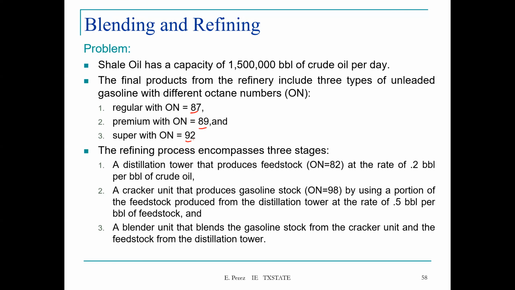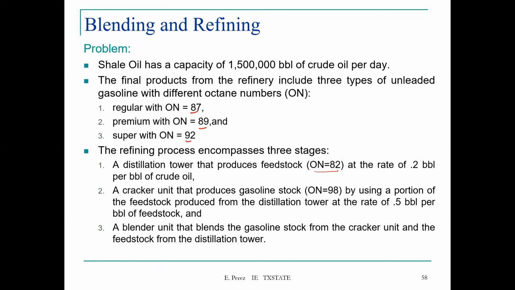The refining process encompasses 3 stages: a distillation tower that produces feedstock with ON equals 82 at a rate of 0.2 barrels per barrel of crude oil.